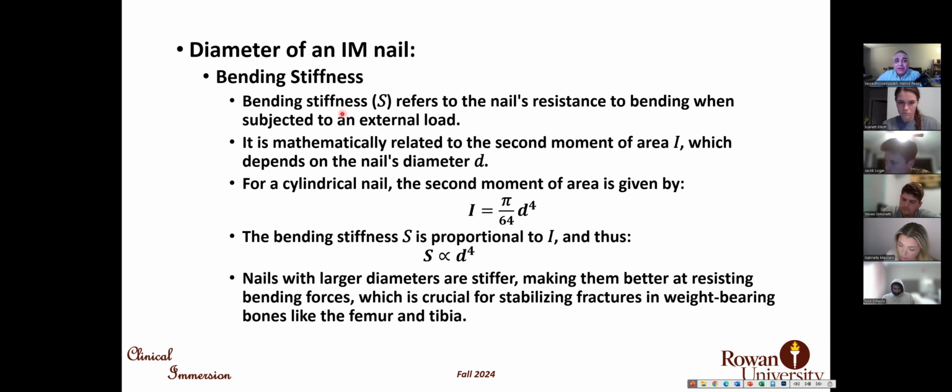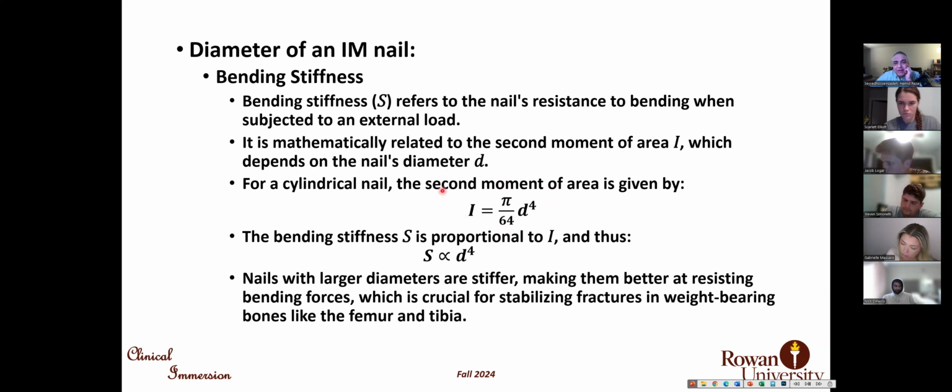Bending stiffness is the nail's resistance to bending. It is not the same as bending strength; bending strength is something else. Bending stiffness is calculated for circular cross-section rods by this equation.